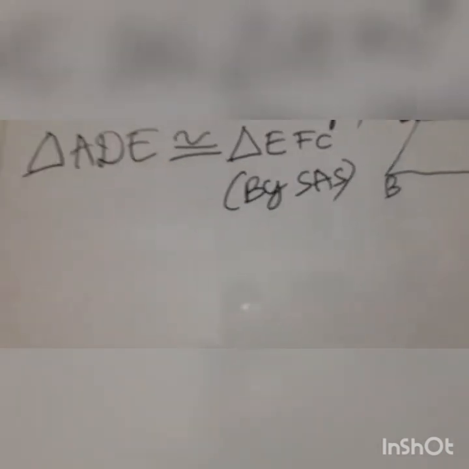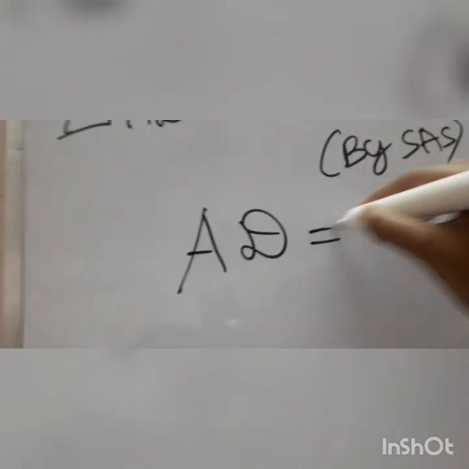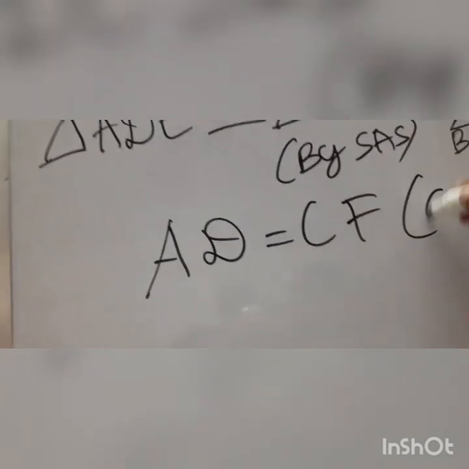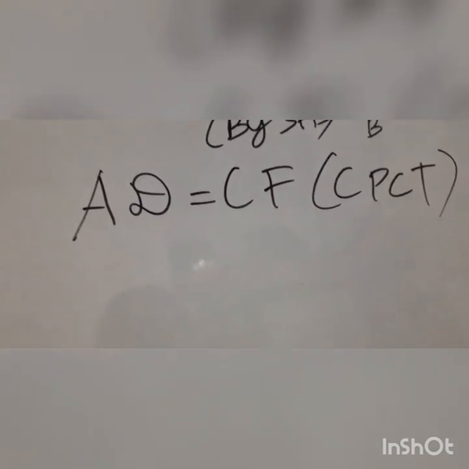Okay, you may have a doubt why we should use the congruence here. By using the congruence, we can say that AD is equal to CF by CPCT. You know that CPCT means corresponding parts of congruent triangles. Okay.